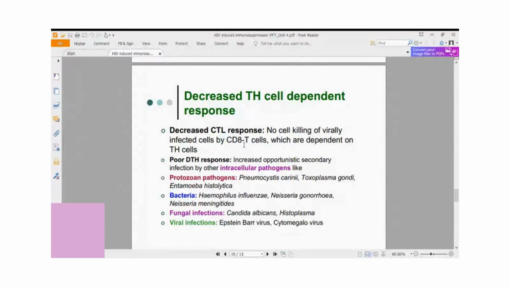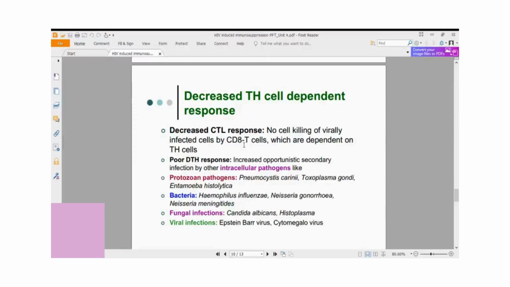Therefore, when the CTL response is not there, viral proliferation will be very, very easy. And the intracellular virus, that is HIV, will proliferate and more TH cells will be infected. And because of that, the viral load will be high in the individual and the immune response goes down and the person suffers from immunodeficiency.